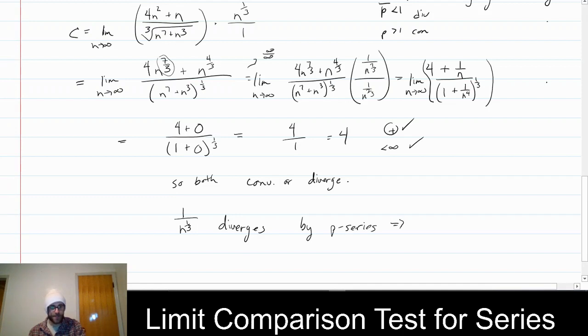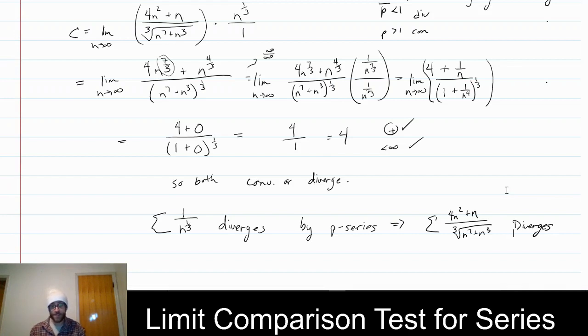And so that tells us that the sum of 4n squared plus n over the cube root of n to the 7th plus n cubed also diverges. Right, so that is the nitty-gritty of the limit comparison test.